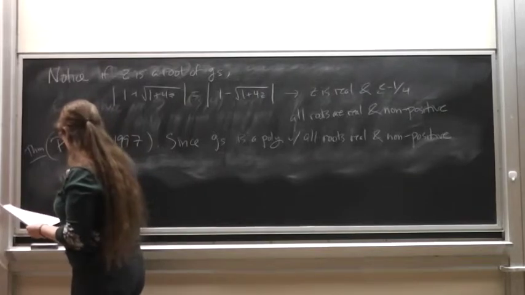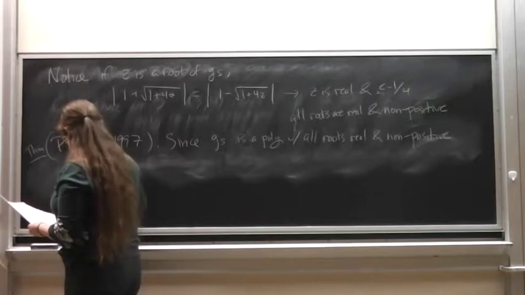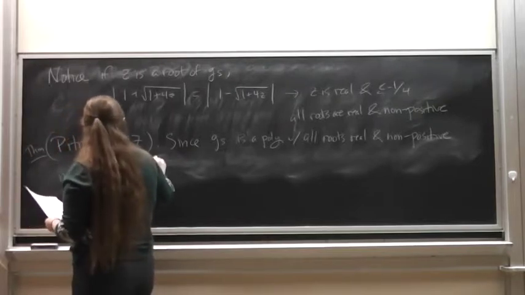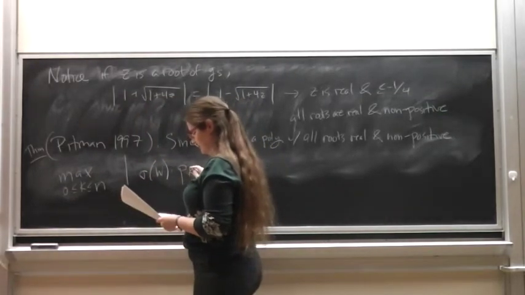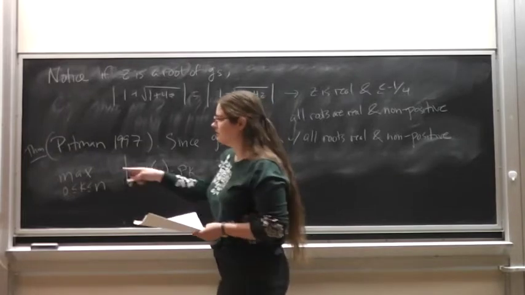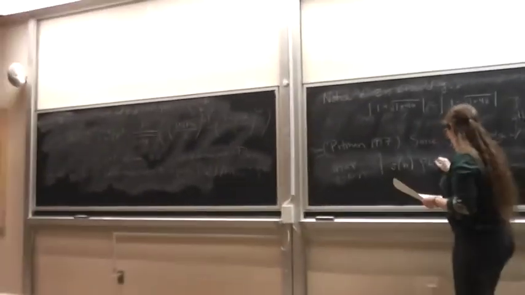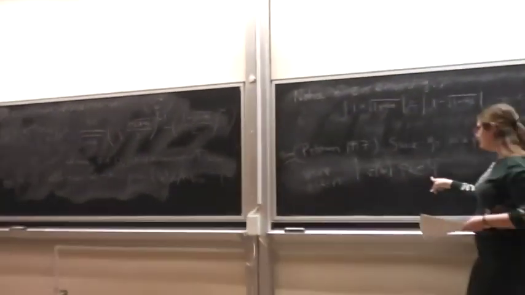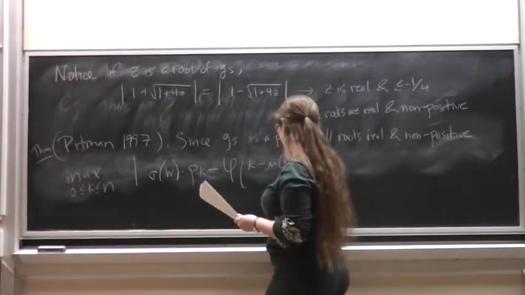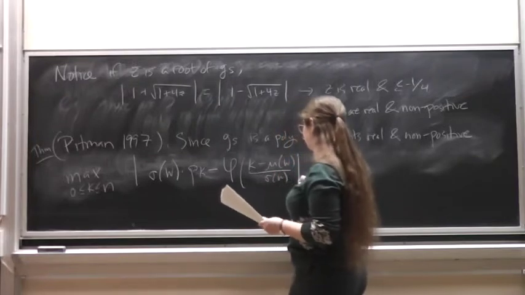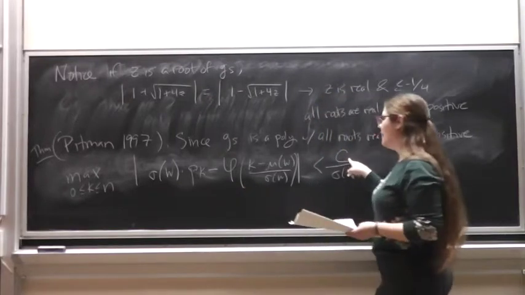So the first one is that the maximum of this thing, the standard deviation of my random variable, times any one of those probabilities, pk, minus, now this is not the cumulative normal distribution, but just the regular one, normalized with the mean and standard deviation, that's bounded for some absolute constant c.